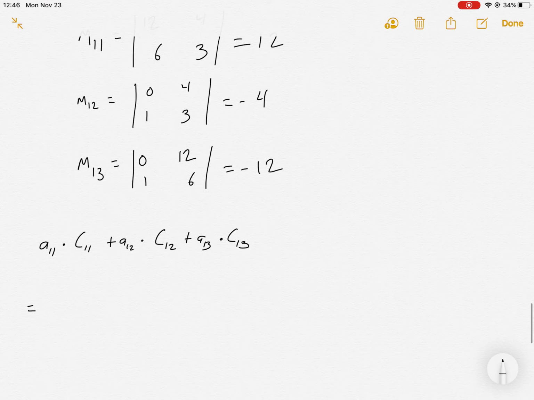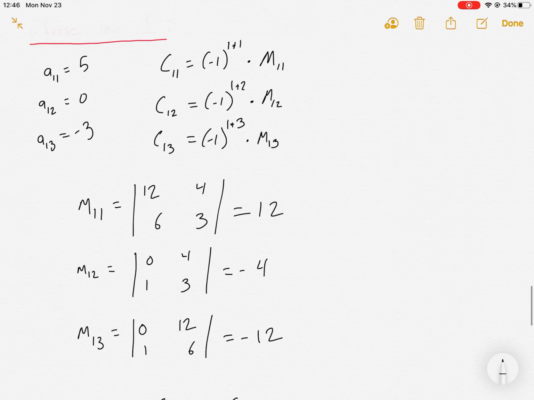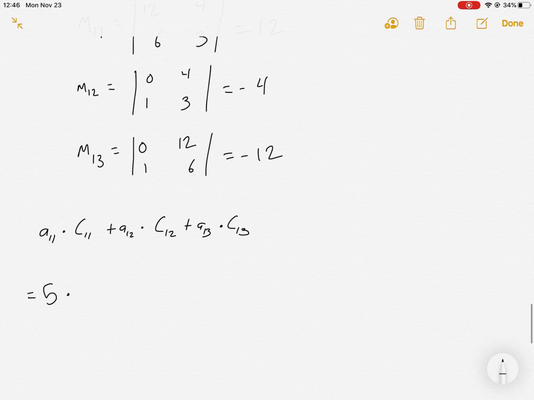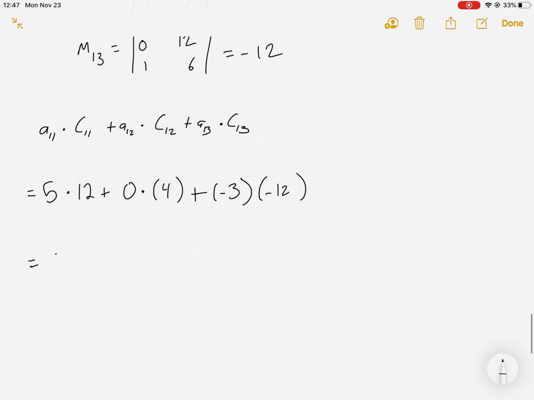So A11 was 5, and then the cofactor is just M11, which was 12. A12 was 0, so that's just going to go away. And then A13 was negative 3, and the cofactor is negative 12. So I end up with 60 plus 36, so I end up with 96.